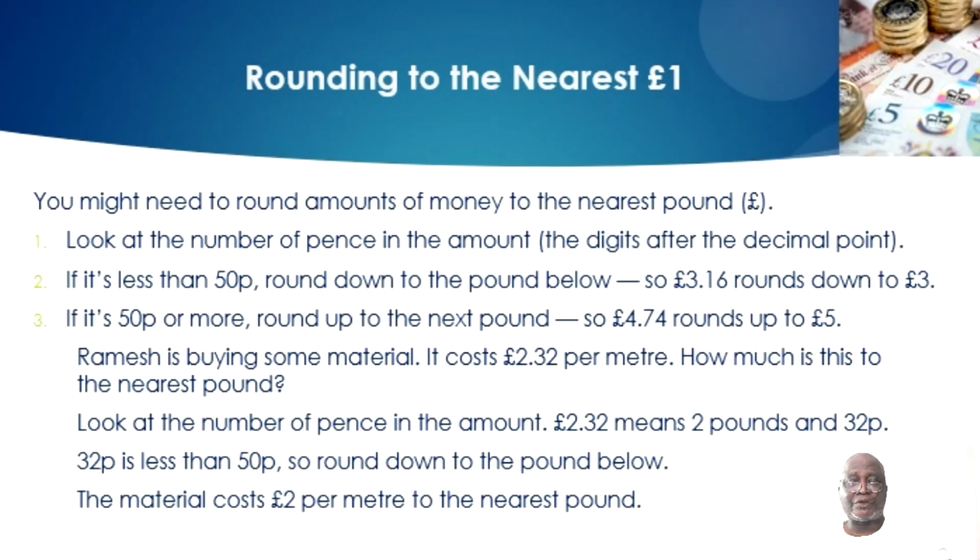Ramesh is buying some material and it costs £2.32p per meter. How much is this to the nearest pound? Step 4. Look at the number of pence in the amount, which is £2.32p, and then, before you round, what is the rule? 32p is less than 50p, so you have to round down.